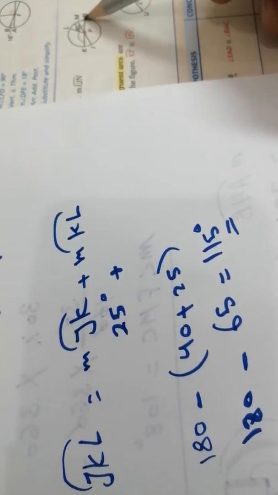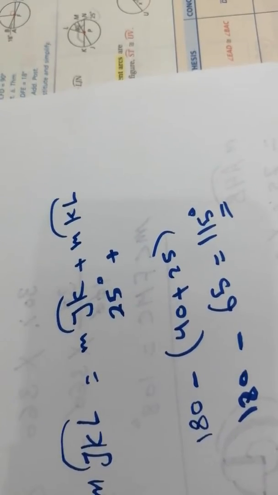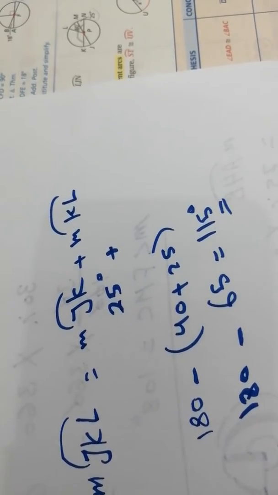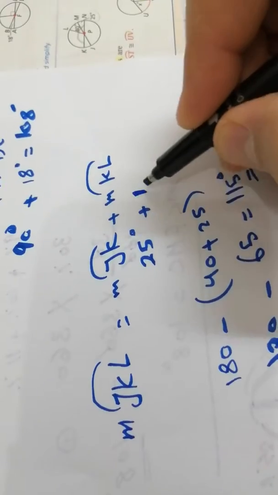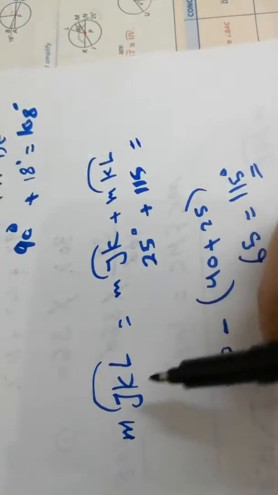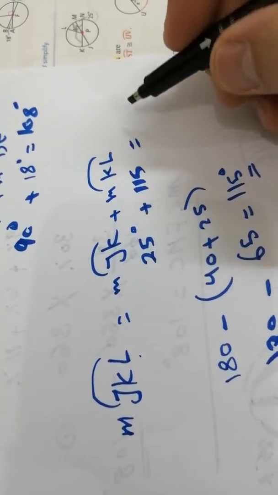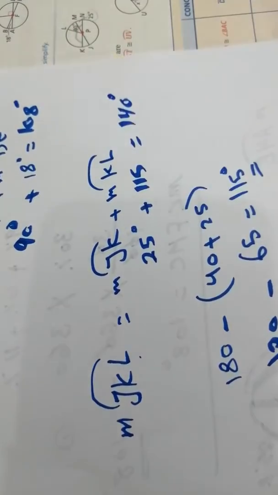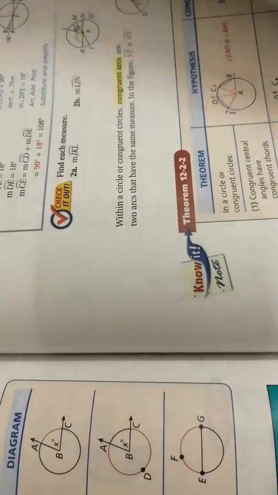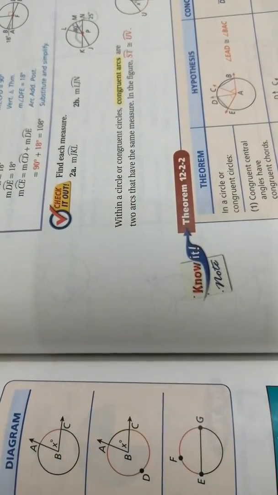Subtract 180 minus 40 minus 25 equal 180 minus 65 equal 115. So you can write 25 plus 115. So JKL equal 140 degrees. Okay? This is the first one.